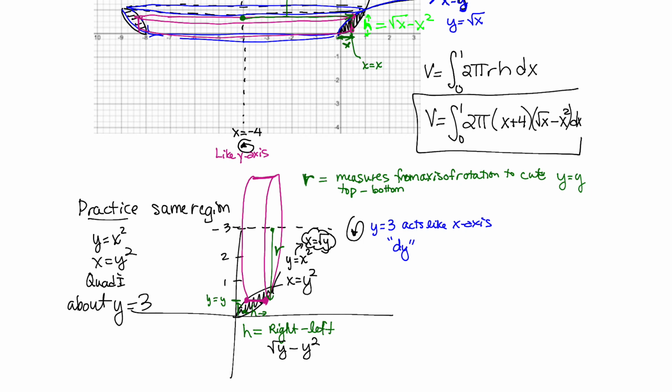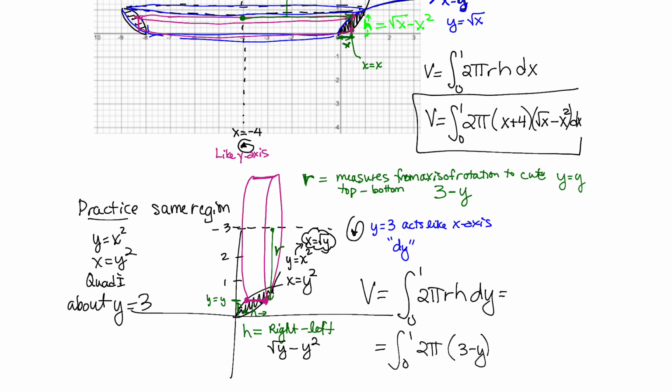My top function is y equals 3. My bottom function is just this random cut along the y-axis, y equals whatever y value I choose. That means your radius should be 3 minus y. So 2 pi r h simply becomes 2 pi times my r value, 3 minus y, times my height, right minus left.